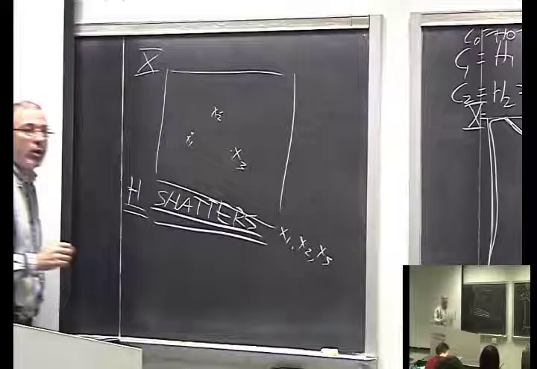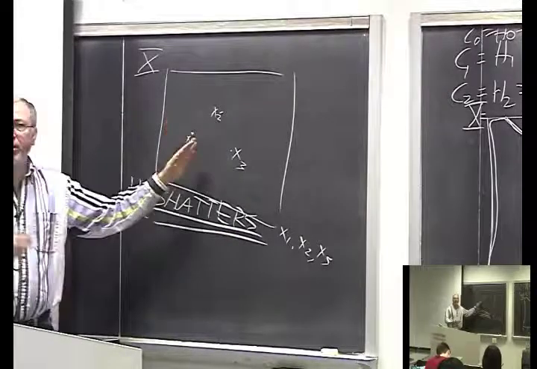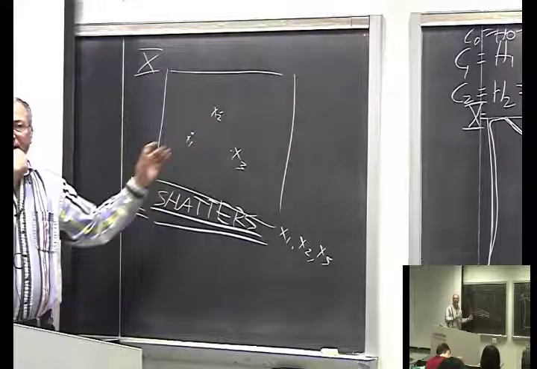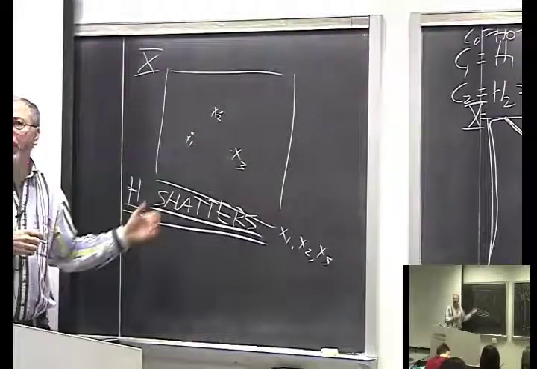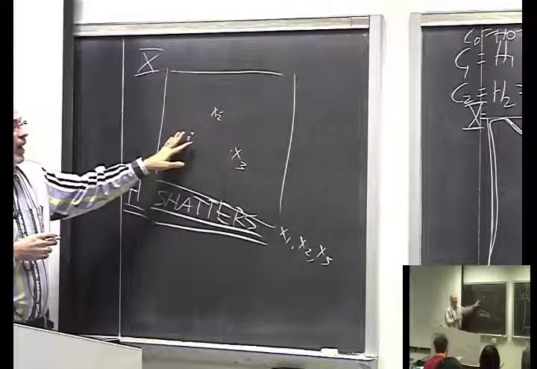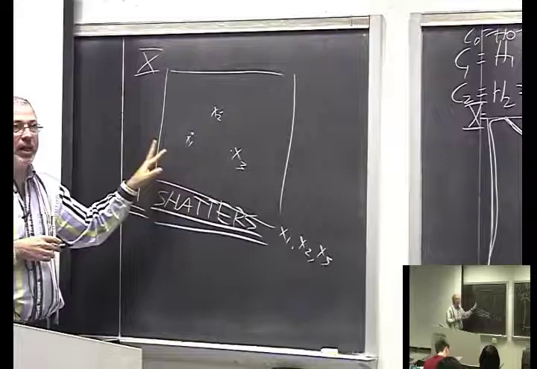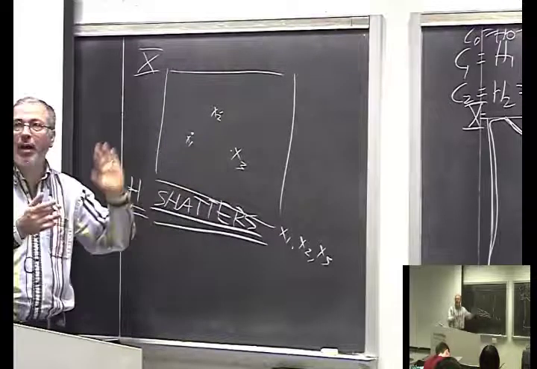What does it mean to shatter? It means that for any way of classifying these three examples, you can find some member of H that would do the job. How many ways are there of classifying these three examples? You can classify x1 as positive and x2 and x3 as negative. You can classify x1 as negative and x2 and x3 as positive, and every other combination.